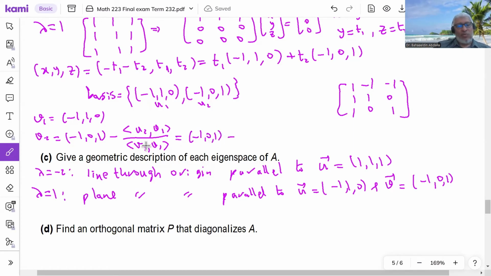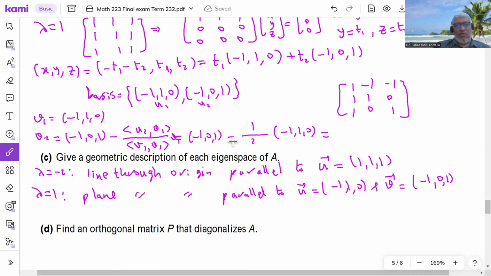U2 times V1: -1 times -1 plus 0, so that's 1. And V1 times V1: 1 plus 1. There is no square root because this is an inner product. So 1 plus 1, that's 2, times V1, of course, which is -1, 1, and 0.